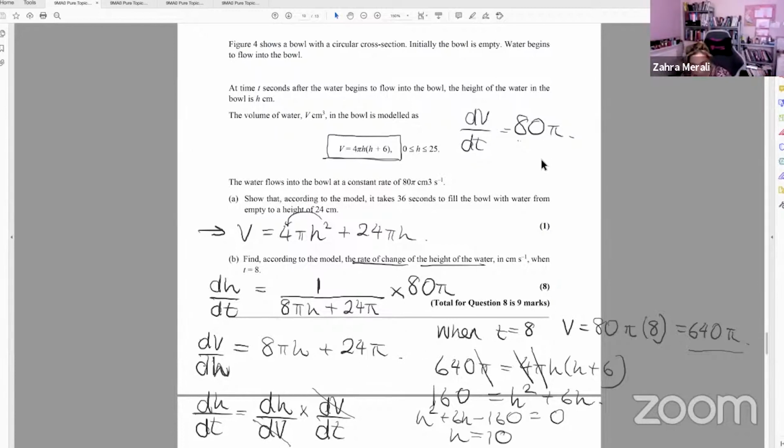But because I've already done all the work for dh/dt, that's why it's 8 marks, by the way, it's a lot of work, I'm going to plug this h equals 10 into my dh/dt.